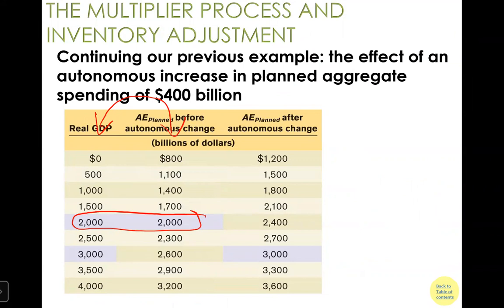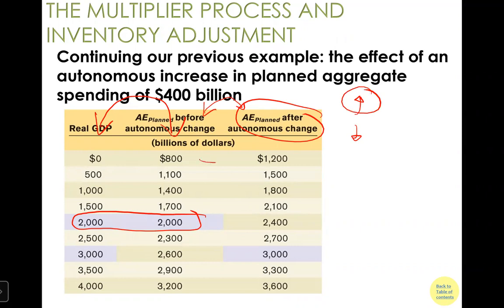Now, for some reason, the curve shifts. Now we shift to this column. First, we need to identify whether this curve shifts up or down. If we compare these two columns, you can see the curve shifts up. And shifts up by how much?